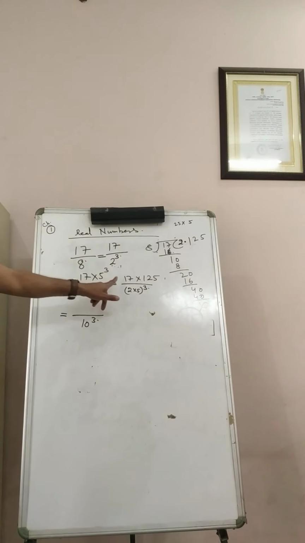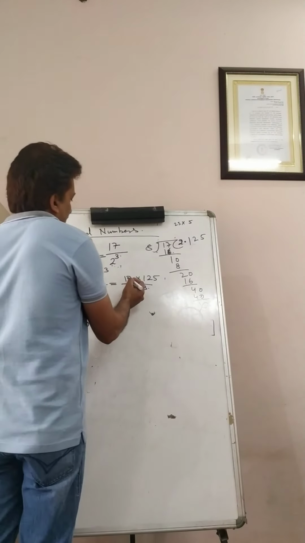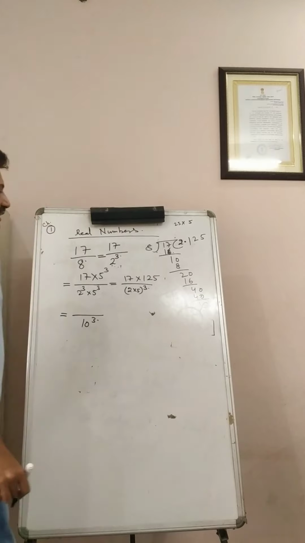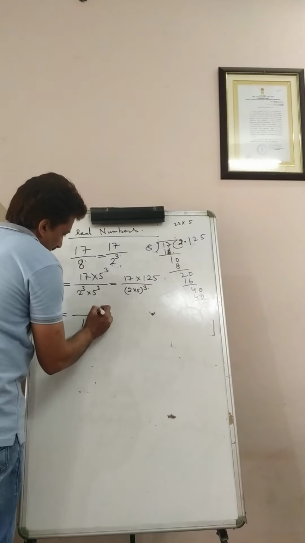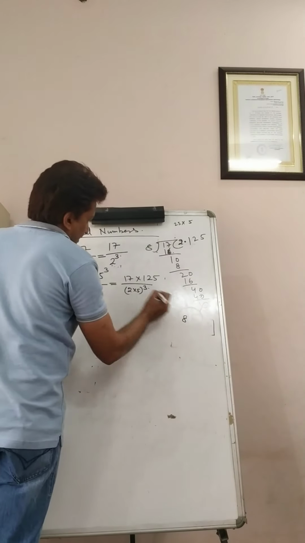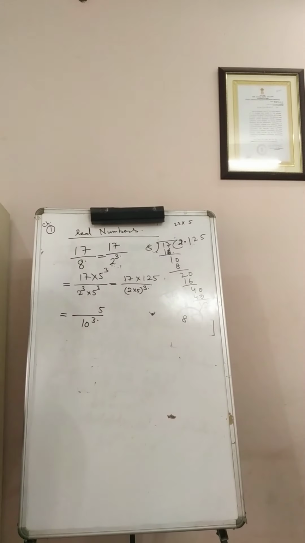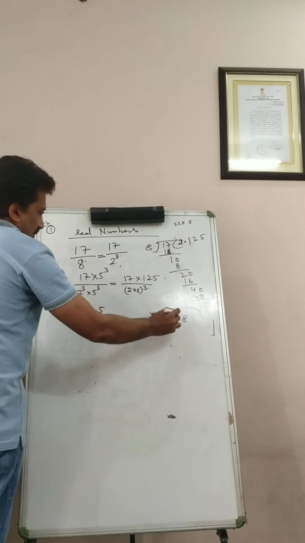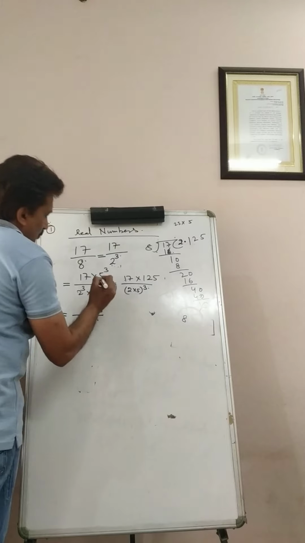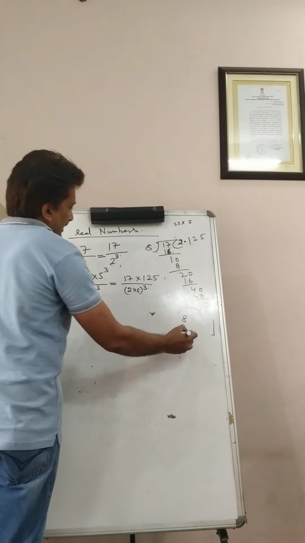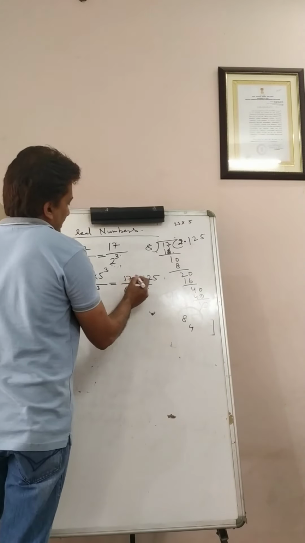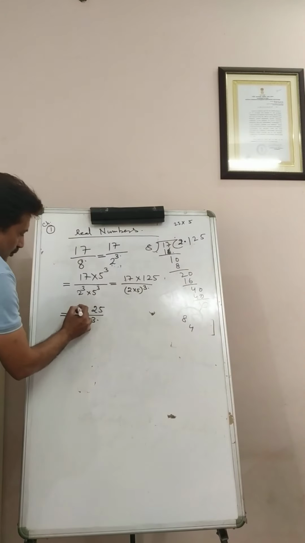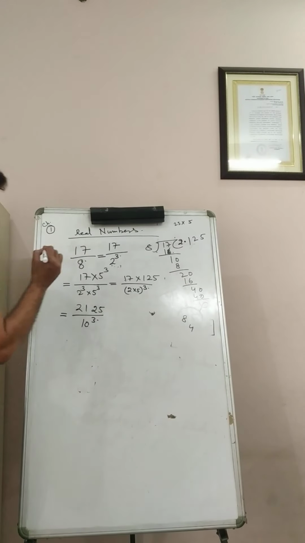And now the numerator you have to multiply. 17 times 5 is 85, so 8 carry. 17 times 2 is 34, so it will become 42, 4 is there. 17 into 1 is 17, 4 will become 21.